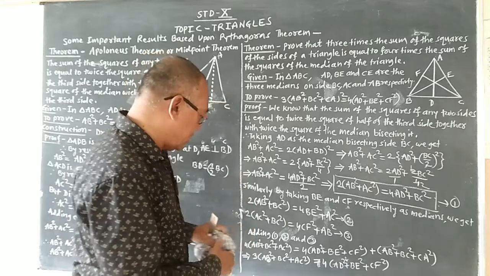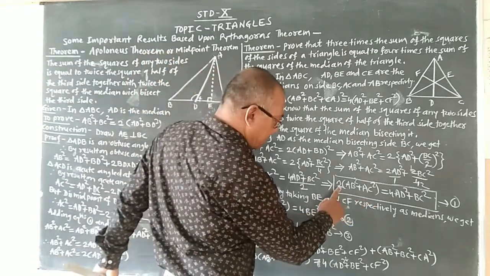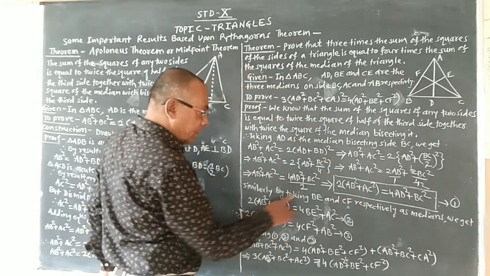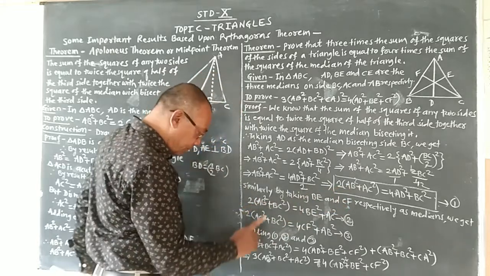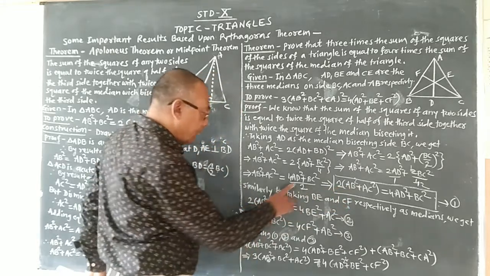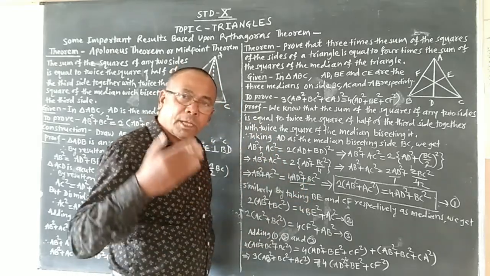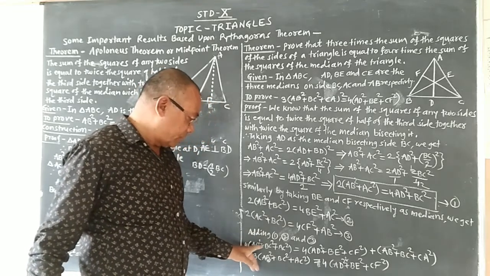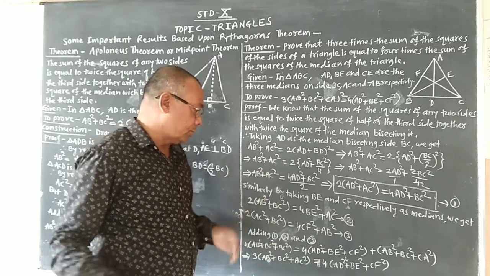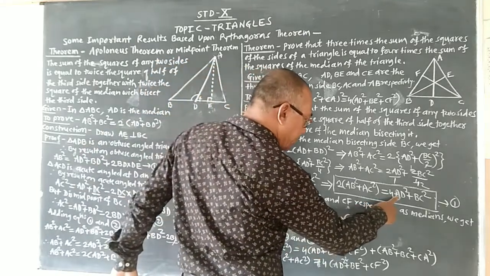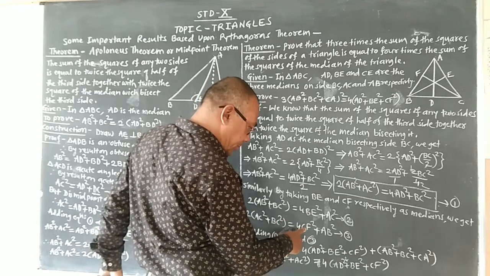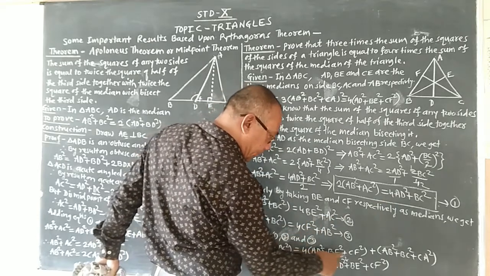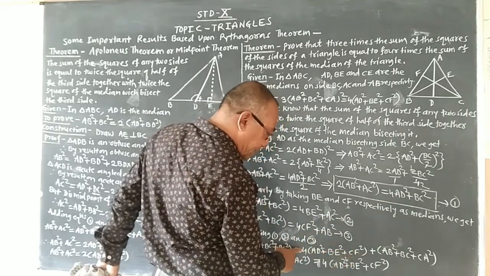Adding equations 1, 2 and 3, we get from 1: 2AB square plus 2AC square, then 2AB square plus 2AB square will be 4AB square, so 4AB square, 4BC square plus 4CA square. So I have taken 4 as a common factor, and (AB square plus BC square plus AC square) is equal to 4AD square, 4BE square and 4CF square. Again, AD square, BE square and CF square I have written in the bracket, and 4 is taken as a common factor.